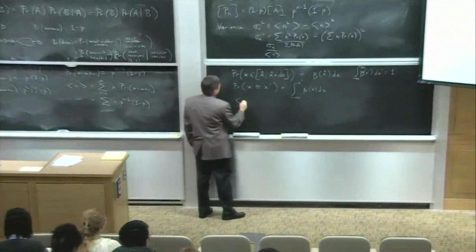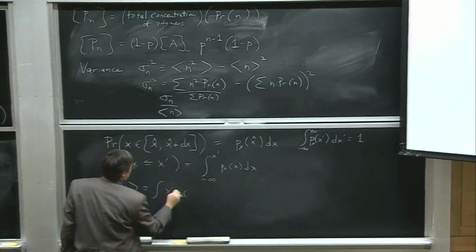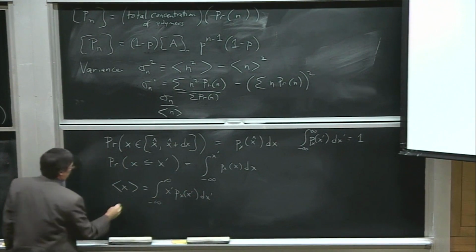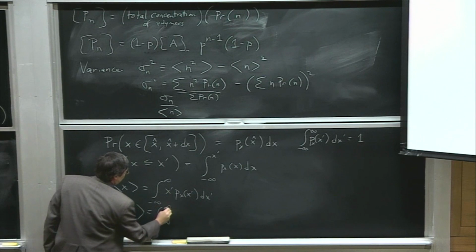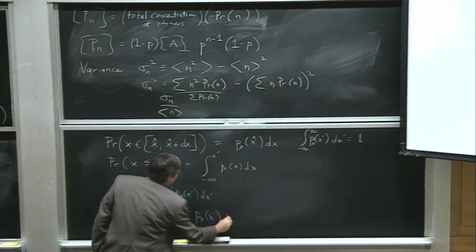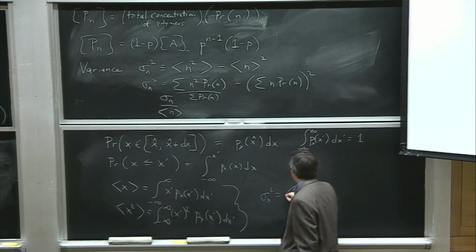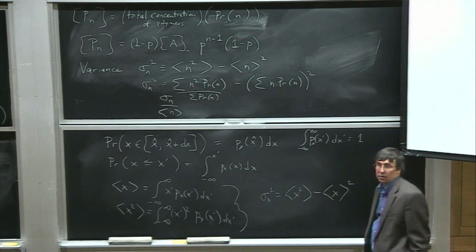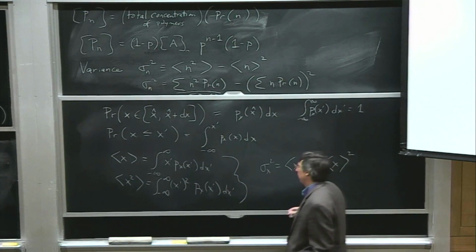And the mean is just the integral of x p_x of x dx, and you can compute the average of x squared, same thing. The average of anything. And you put these together, you can get sigma_x squared is equal to the average of x squared minus the average of x, squared. So that's the variance of x. You can also do this with any function.